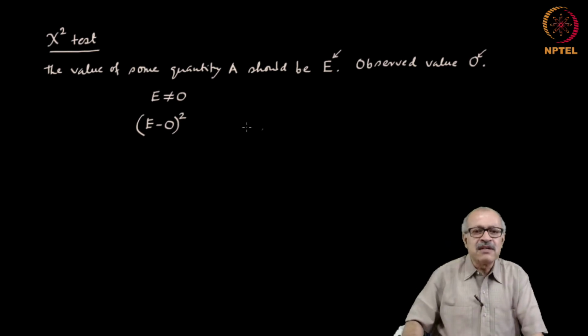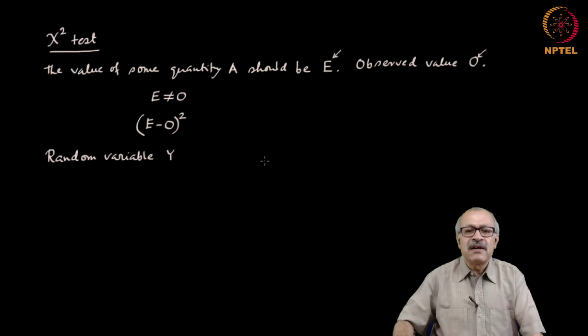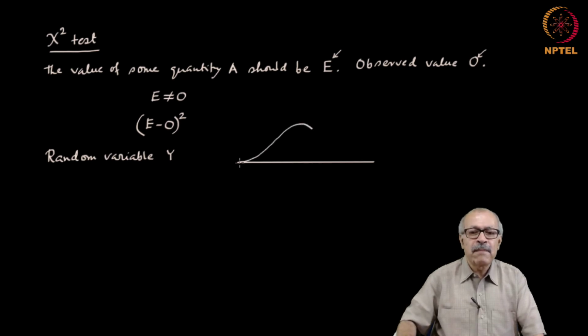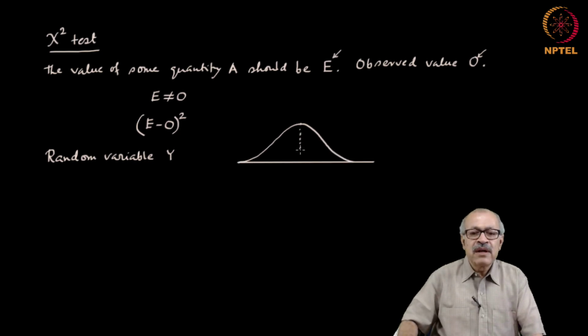That means we consider a random variable, say y, and it is distributed as a Gaussian function, as a normal distribution, with mean 0 and standard deviation 1.